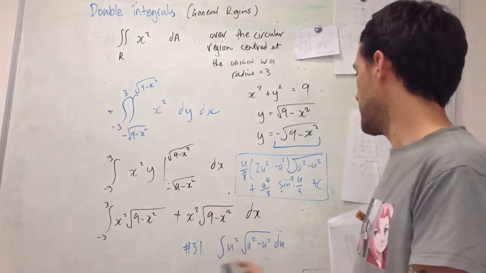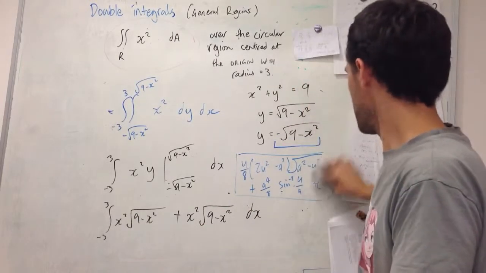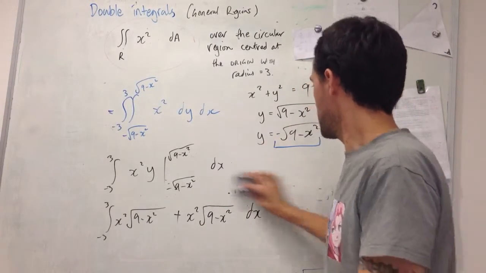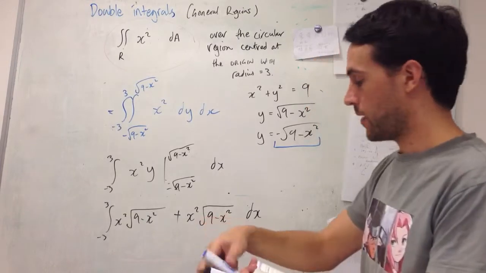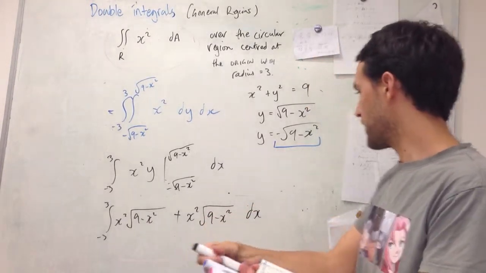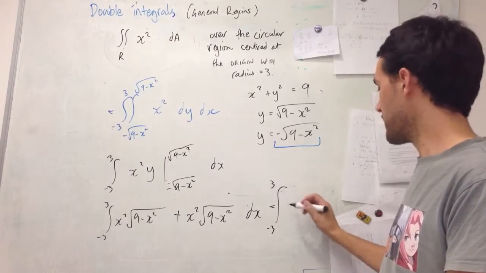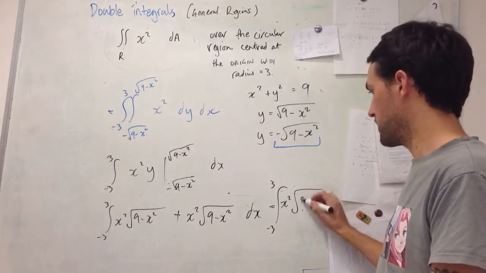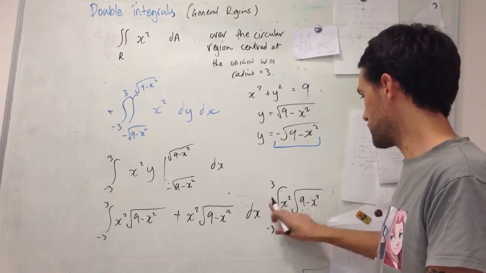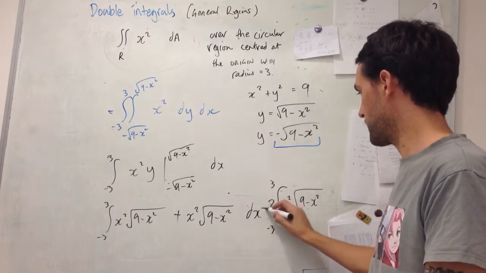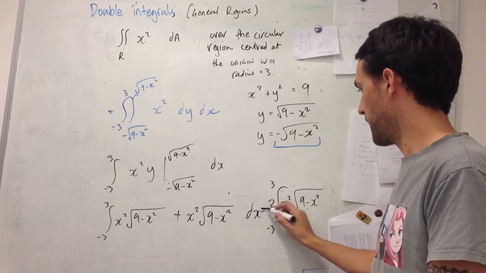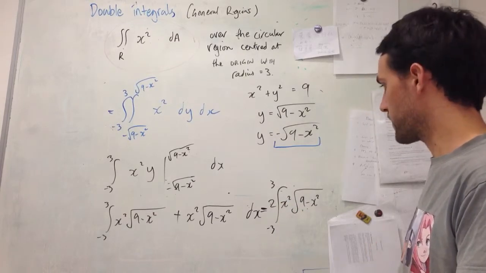So for the moment, I'll get rid of all that information. These can be combined, so I'll write it as the integral from negative 3 to 3 of x squared times square root of 9 minus x squared, 2 times that. Okay, so this is what I've got.